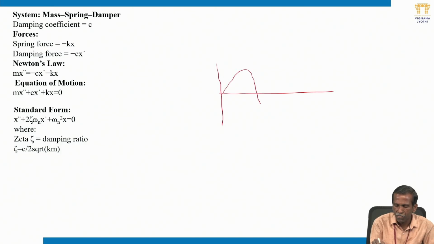This is the magnitude of amplitude. This is the displacement function x, and this is the time period. Then the magnitude gradually decreases in each cycle. The next cycle is decreasing again. So it goes on decreasing and the amplitude will die down.